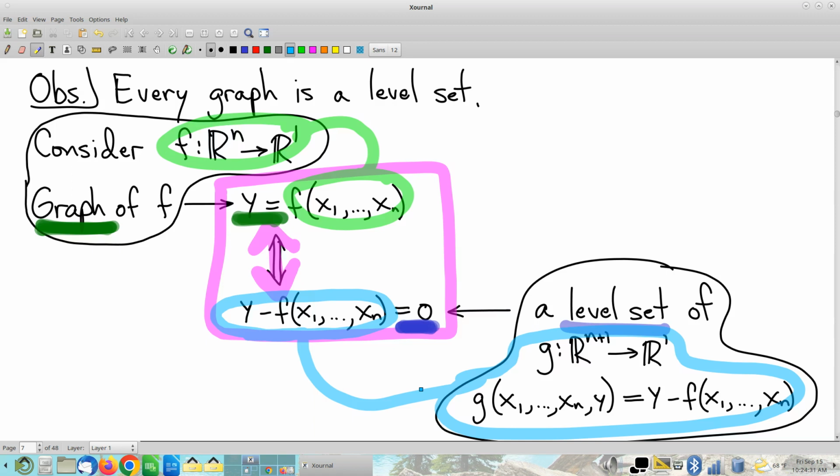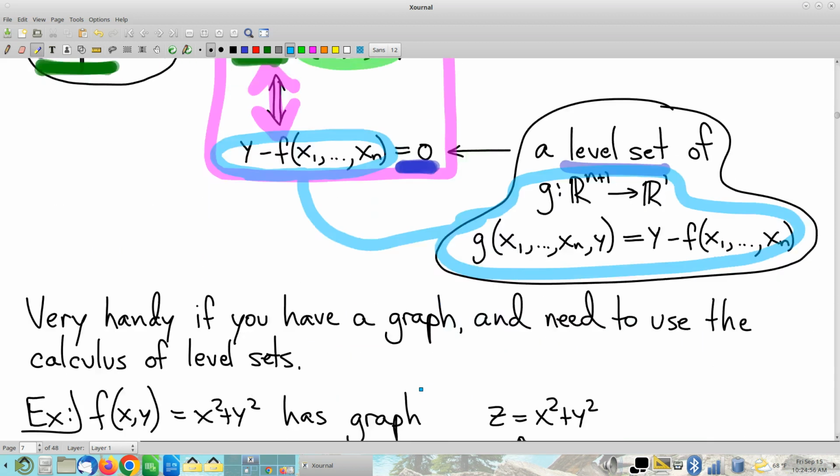Well, because again, the calculus of graphs and the calculus of level sets are different. And if the calculus of graphs doesn't tell you what you want, which by the way is regularly the case, if the calculus of graphs isn't cutting it, pull this little fast one, and now we can talk about the calculus of level sets of this other function. It's a foot in the door to try something else. Let's see an example.